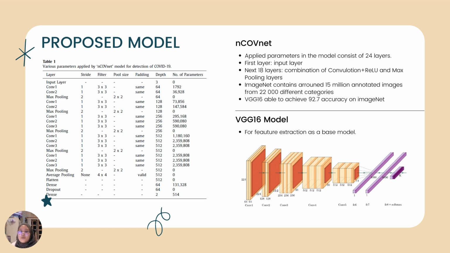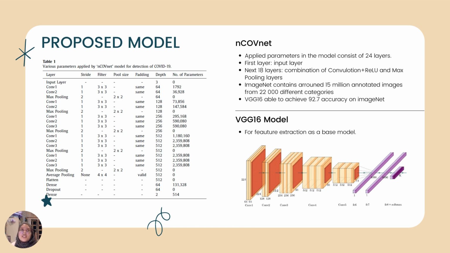It consists of 24 layers, and the first layer is the input layer, fixed at 224 times 224 times 3 pixels, which makes it an RGB or color image. The next 18 layers are the combination of convolution plus ReLU and max pooling layers.